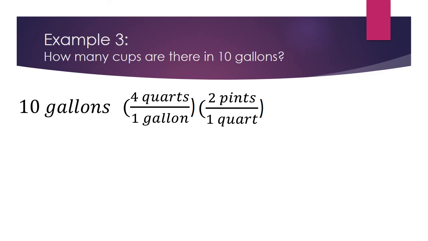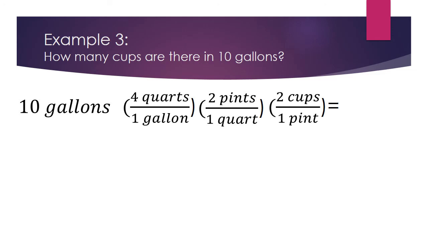Same thing with the third ratio, where I have to change pints into cups. So I'm going to put 1 pint at the denominator, so this setup can help me cancel the pint unit, and put 2 cups at the top.